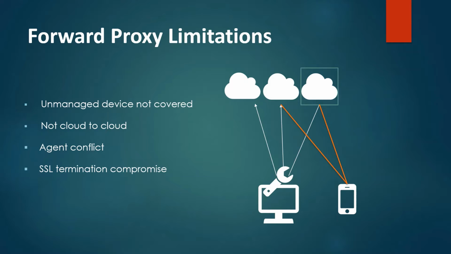The first, apparently, as we mentioned in the last slide, is that unmanaged devices are not covered. For a managed device, even going through an unsanctioned cloud, the traffic goes through CASB and can be screened.